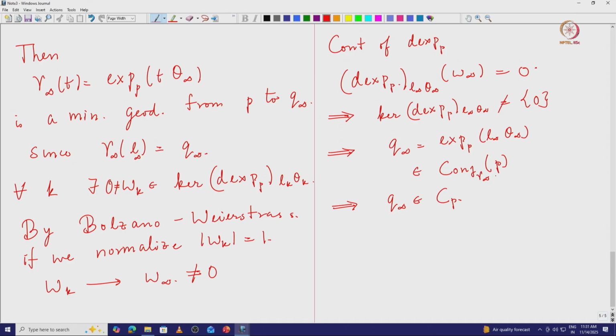So in this case we have shown that Q infinity is a cut point. What about the second case? Suppose B holds.